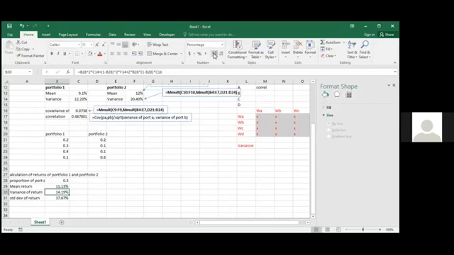W2 means 1 minus W1 multiplied by covariance between portfolio 1 and portfolio 2. That is C16 here in this case. Then get the square root of that.